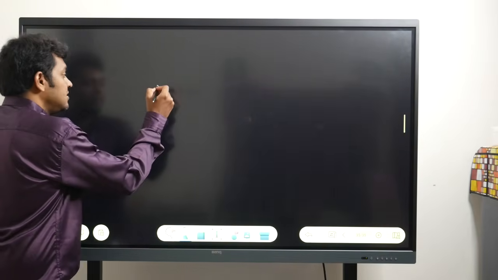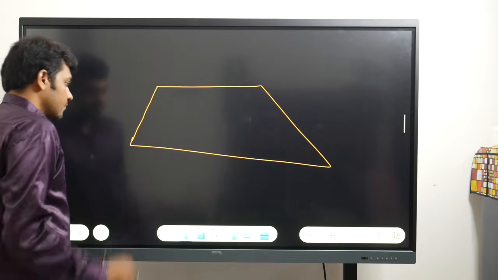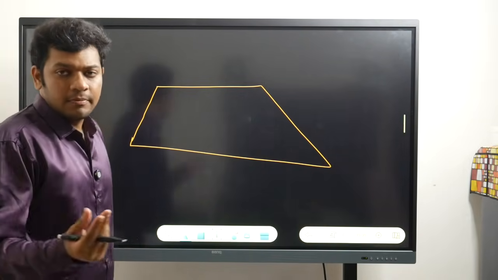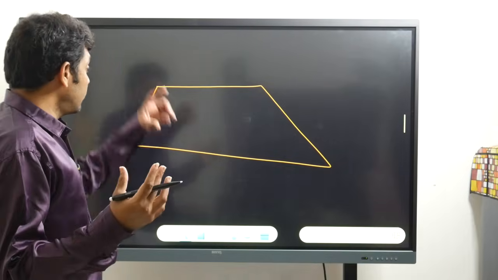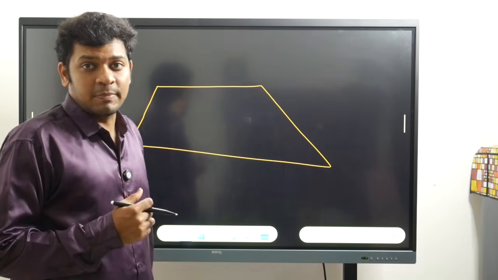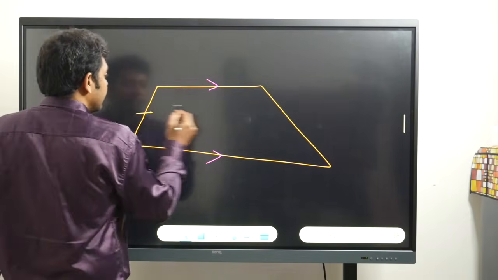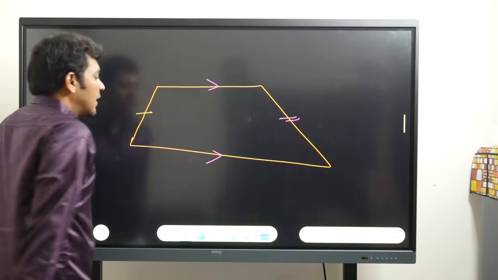Then you have the trapezium. What's a trapezium? In a quadrilateral, if one pair of opposite sides is parallel, it's a trapezium. So here, assuming these sides are parallel, it's a trapezium. These are non-parallel sides.